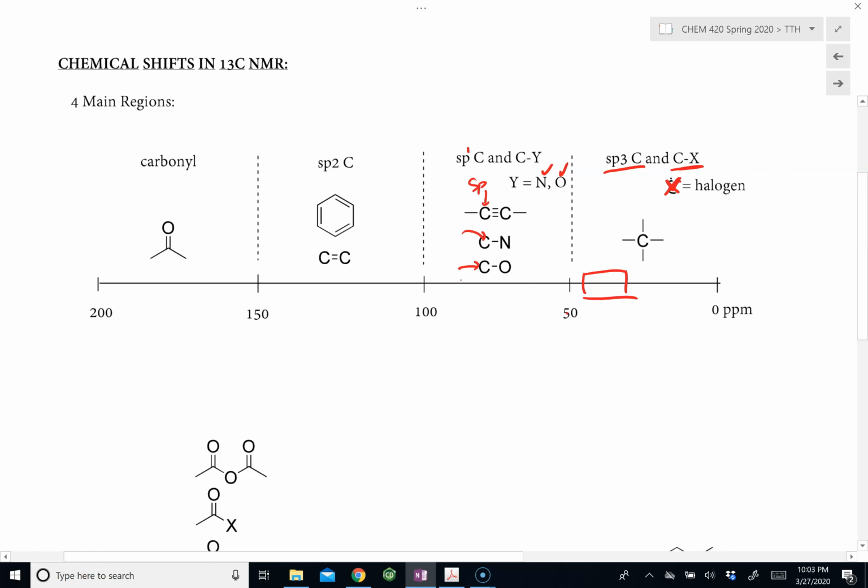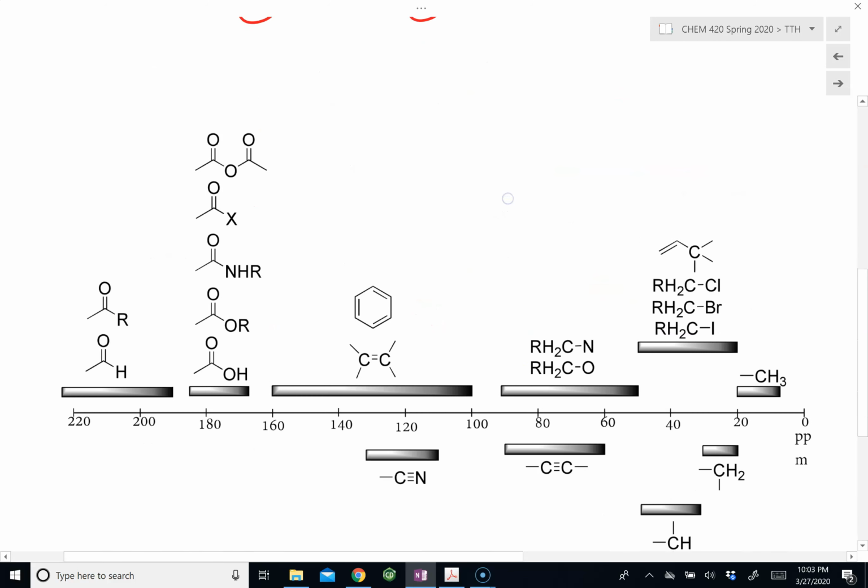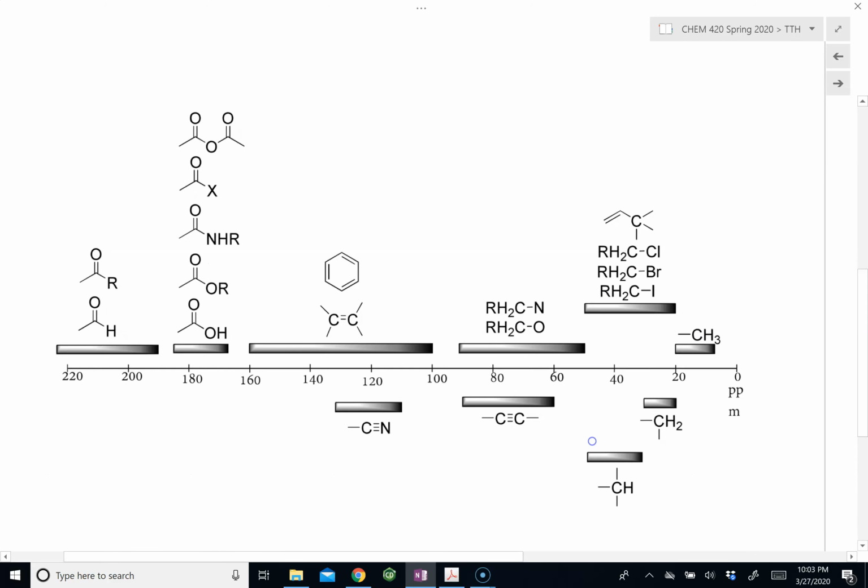And benzene carbons or sp2 carbons as part of the benzene or the alkene will show up somewhere between 100 to 150 ppm. And lastly, carbonyl is anywhere between 150 to about 200 ppm. And furthermore, the table below shows the chemical shifts a little bit more specifically.